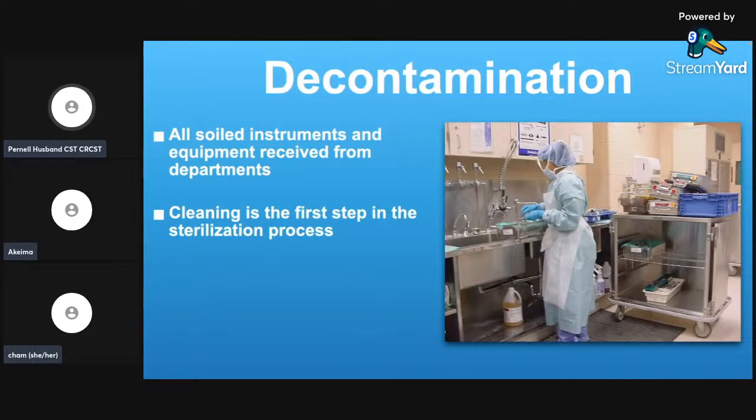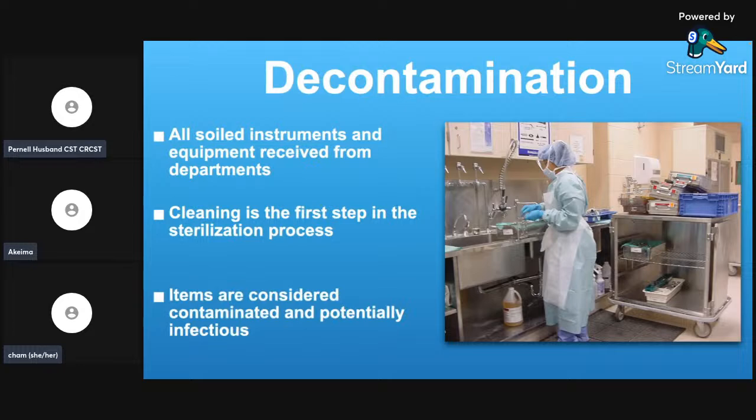So all soiled instruments and equipment are received from departments in the decontamination area. Cleaning is the first step in the sterilization process. Cleaning is the most critically important step in the decontamination process.